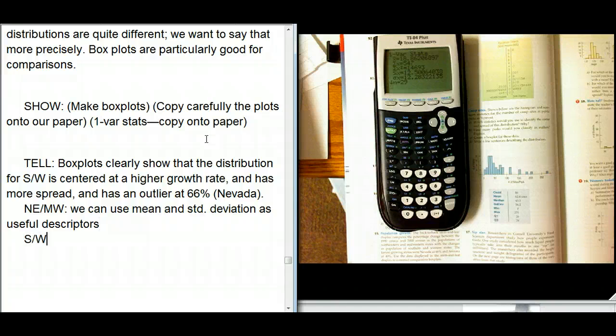But with the southern and western states, we would probably want to avoid mean and standard deviation due to the skewness and outliers. Okay.